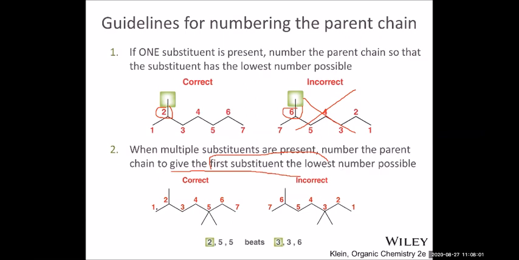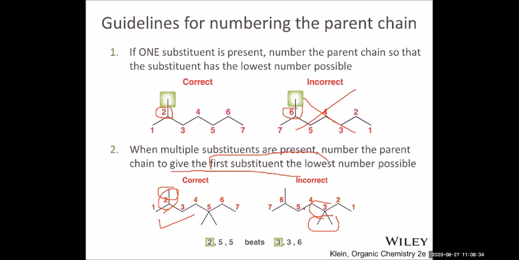So for this molecule from left to right, the first substituent is at position 2. If you start from the other end, numbering from right to left, the first time you see a substituent is at position 3. Because this gives you 2 having a substituent, and this one 3, this is better.